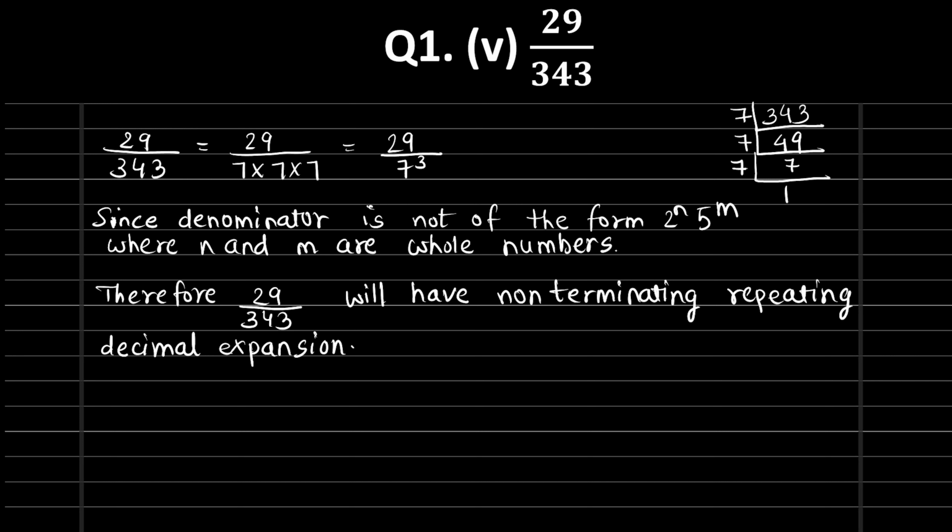In case the prime factorization of the denominator is having only 2 and 5 as its prime factors, not any other prime factor, then it will have a terminating decimal expansion. Otherwise, if it is having any other prime factor apart from 2 and 5, then the rational number will have non-terminating repeating decimal expansion.